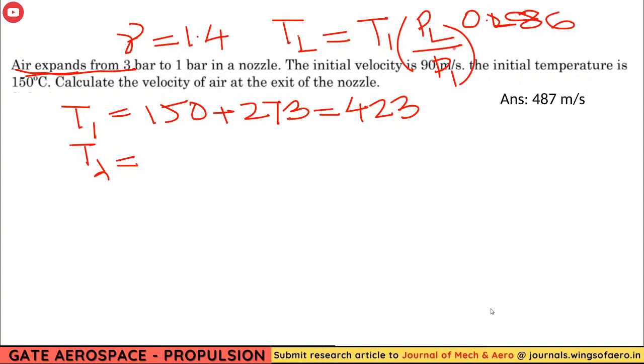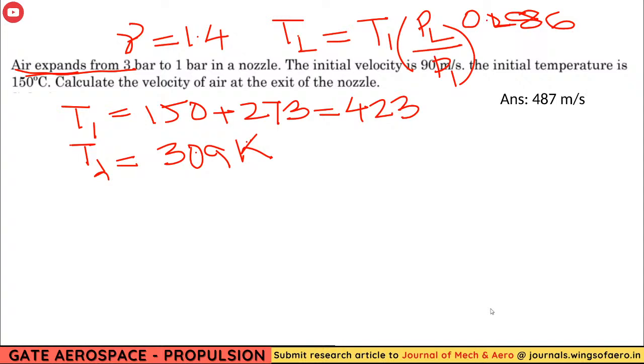When you substitute the value of P2, it is 1 and here is 3 bar. No need to change the unit because it will get cancelled off. So I'm getting around 309 Kelvin.